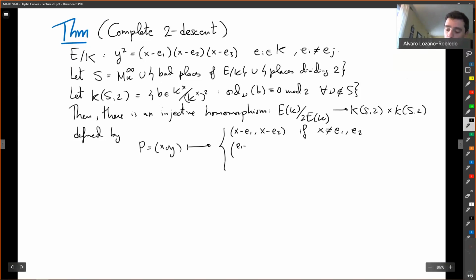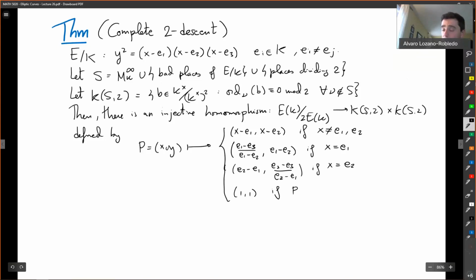It goes to (E1 minus E3 over E1 minus E2, E1 minus E2) if x is E1, if P is T1. It goes to (E2 minus E1, E2 minus E3 over E2 minus E1) if x is E2, and it goes to (1, 1) if P is O. Okay.